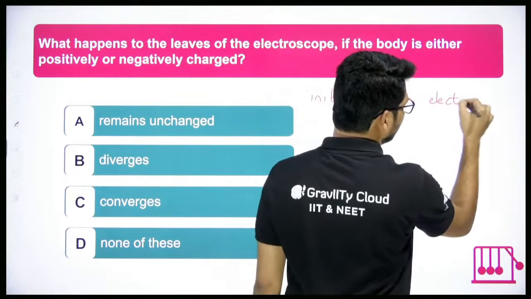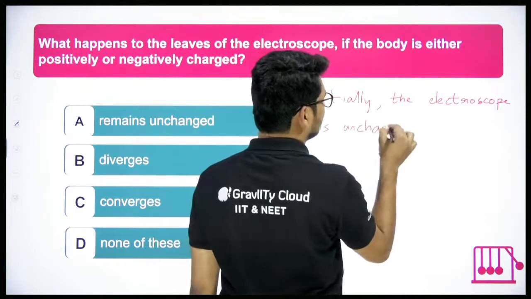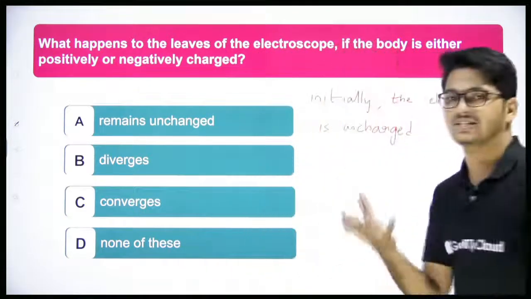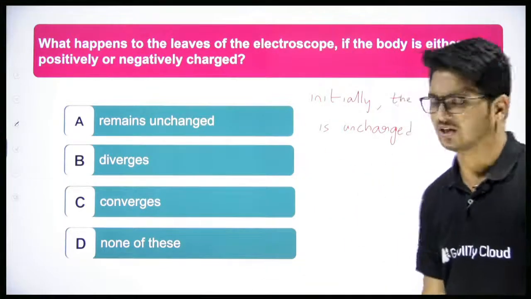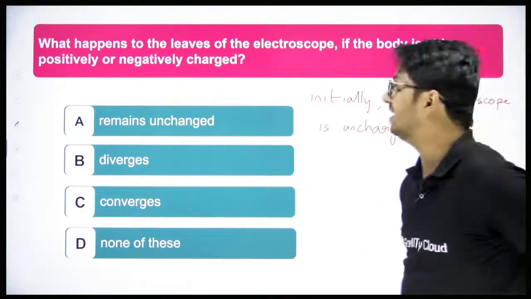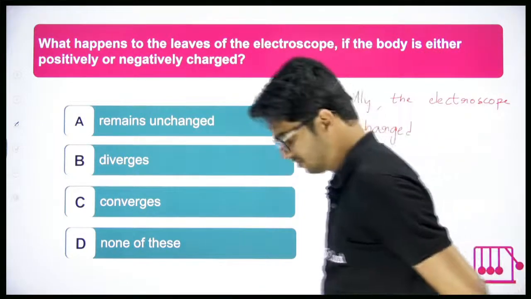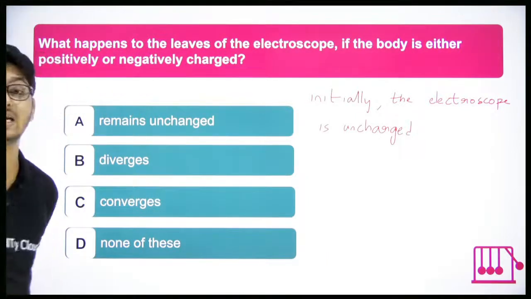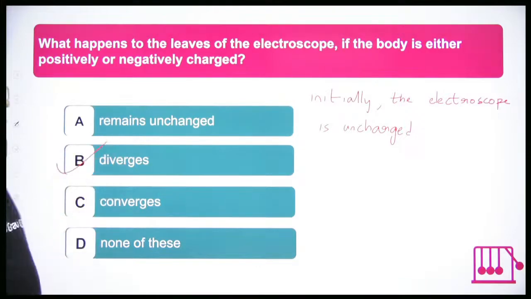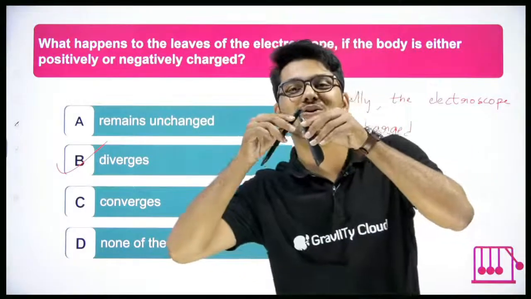You take an uncharged electroscope and touch its disc with a positively or negatively charged object. Then the leaves diverge. They repel, yes or no? That's what happens. Okay, good.